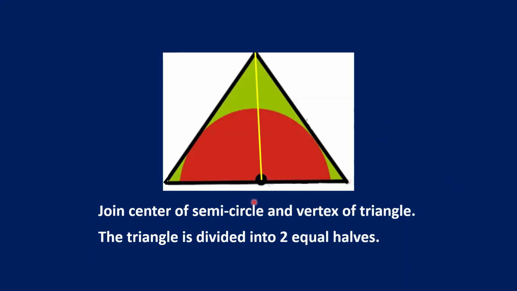So what we do is, the center of the semicircle is marked. We join it to the top vertex of the triangle. We draw a line joining the center of the semicircle and the vertex of the equilateral triangle, and the triangle is divided into two equal halves, because it is an equilateral triangle.